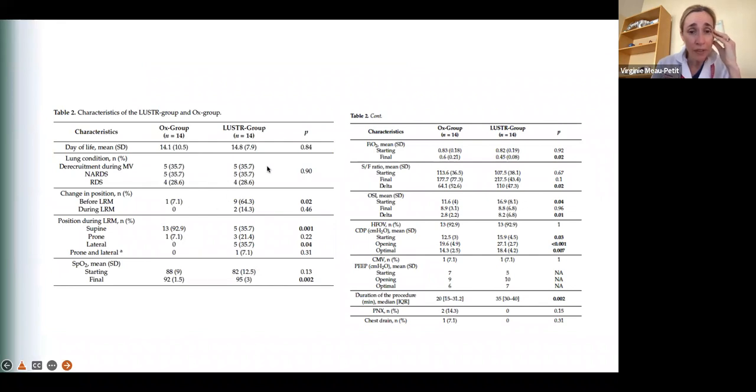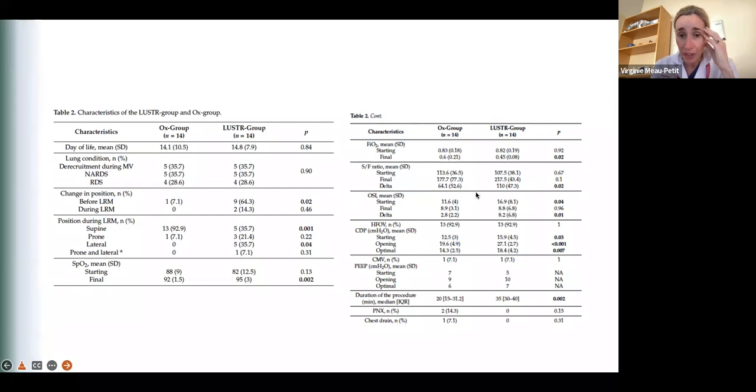And what they found, with a mean of 14 days of life, of course, there was more change in position in the lung ultrasound group, because 9 patients had to be repositioned before the lung recruitment maneuver, instead of only 1 in the oxygenation group. And we understand why, because there's no way clinically to know where the lung is consolidated.